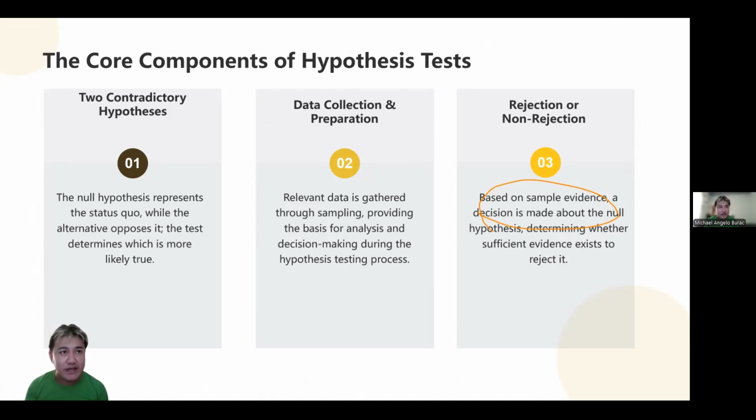First, again, we need to write our hypotheses, the null and the alternative hypothesis, and then we collect data, and we perform statistical methods to compute whether the value is good enough to reject the null hypothesis or not to reject the null hypothesis.